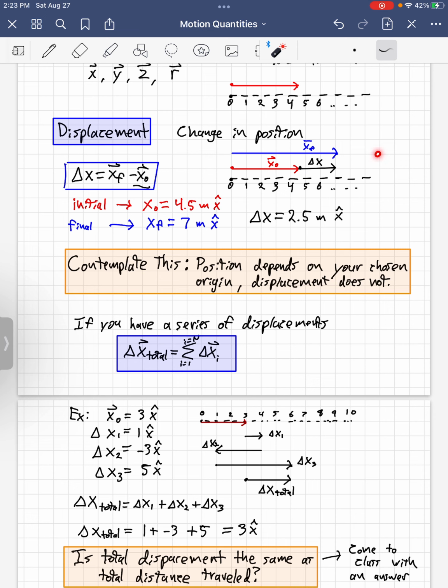But if our origin was here, let's say, then this would be the initial vector for the initial position, and this would be the vector for the final position, right?